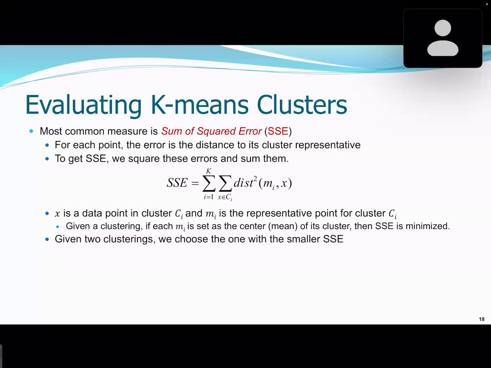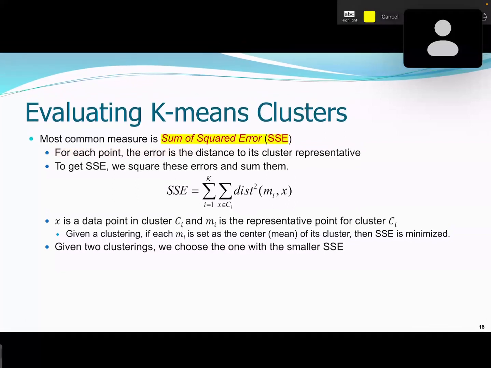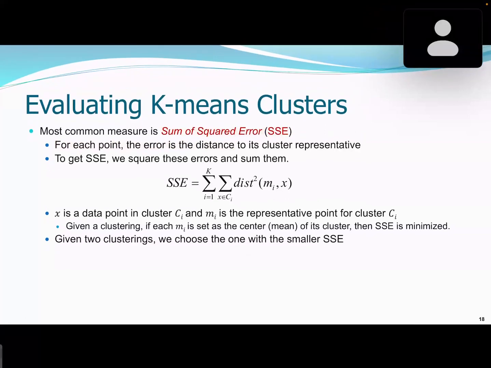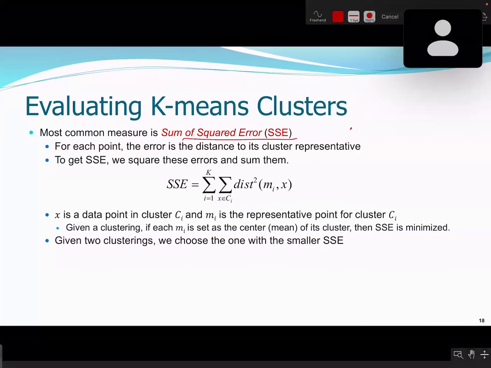Well, there are a number of ways for measuring the quality of clustering. Here, let me show you just one first. This is a very common measure. This is the sum of square error, or SSE. Here's the idea. For each data point in the data set, the error is the distance to its cluster representative.